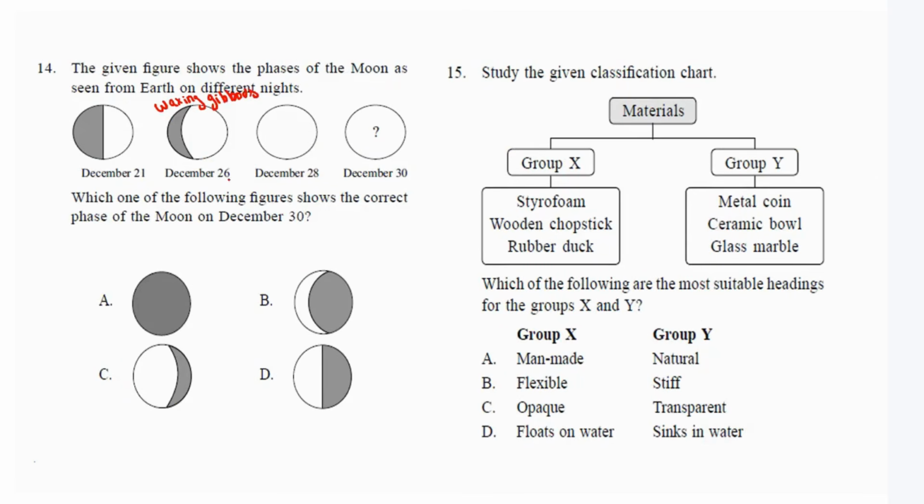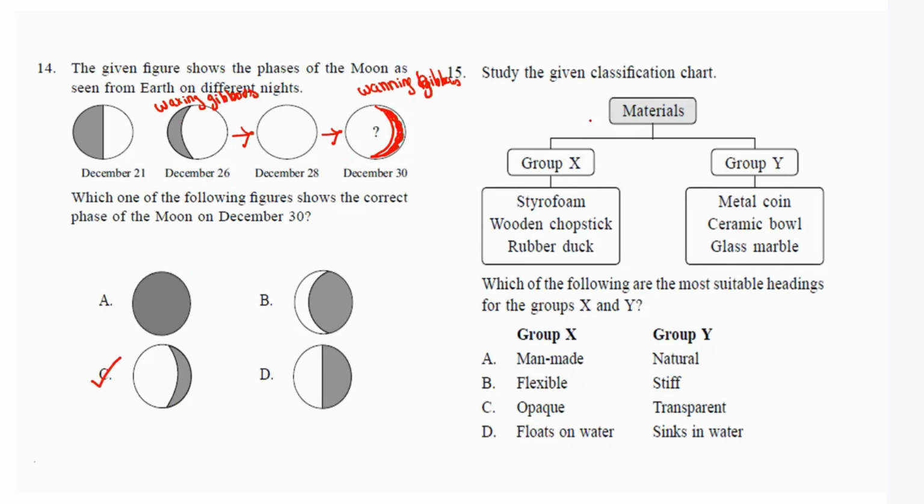After 2 days from the waxing gibbous, we have the full moon. After full moon, after 2 days, it will be what? It will be the waning gibbous, right? So the figure will look like this. It will be waning gibbous. So the correct answer will be option number C, right?